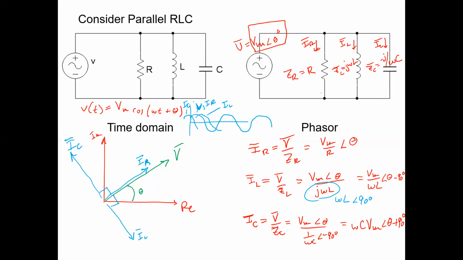So you can squeeze that in somewhere. For R, IR and VR are in phase. Their phases line up perfectly. For L, IL lags the voltage by 90 degrees.